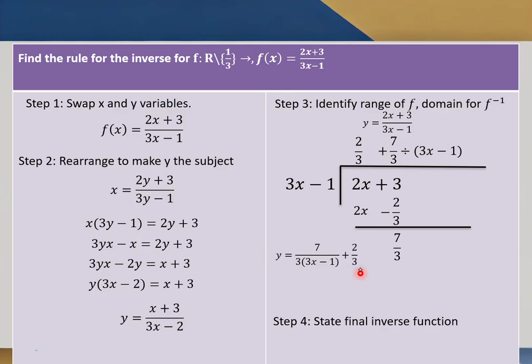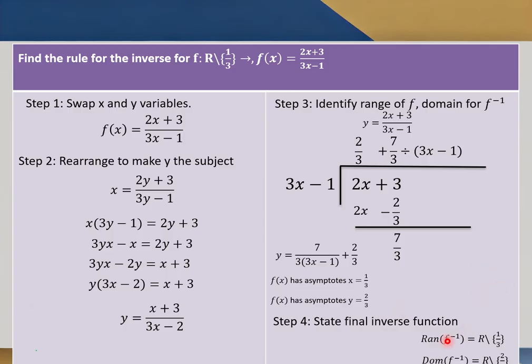I like this because it helps us see everything. So straight away we can see that one, we already knew we had an asymptote at 1/3, but this also tells us straight away that we have got an asymptote at 2/3.